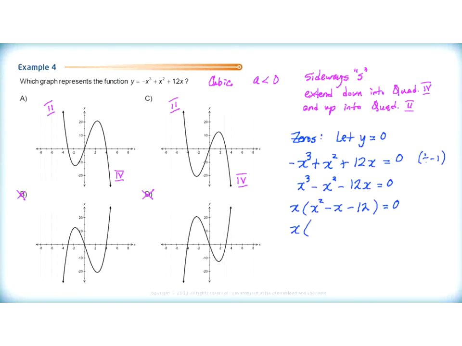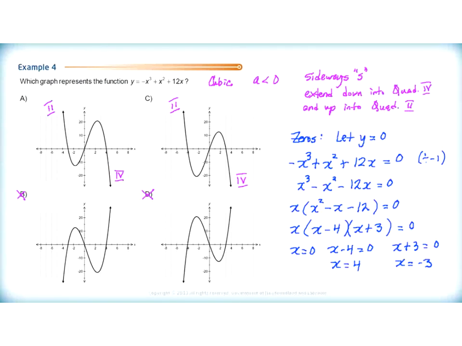That trinomial can be further factored. The factors of a negative 12 that have a sum of a negative 1 are x minus 4 multiplied by x plus 3 to equal 0. Using your zero product rule, x will equal 0, or x minus 4 equals 0, which occurs when x equals 4, and x plus 3 equals 0 when x is equal to a negative 3.